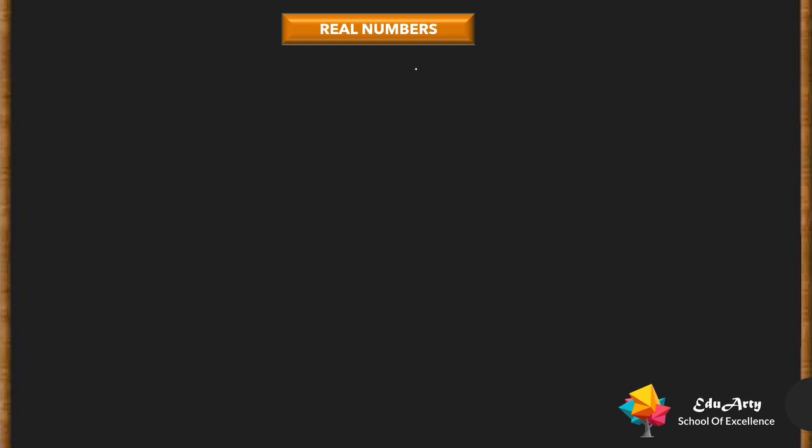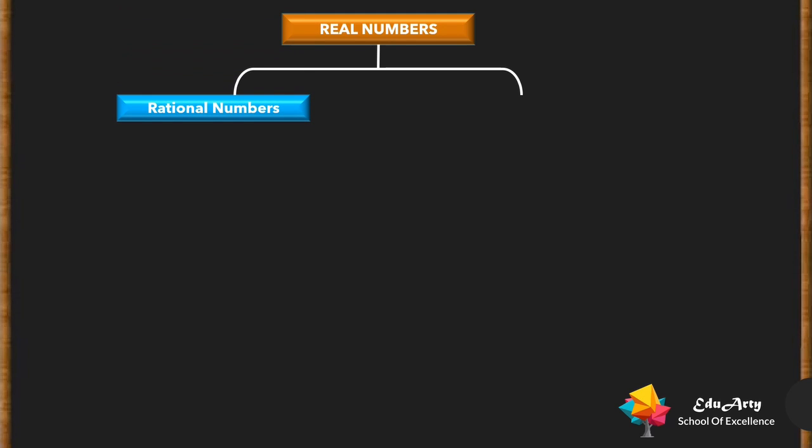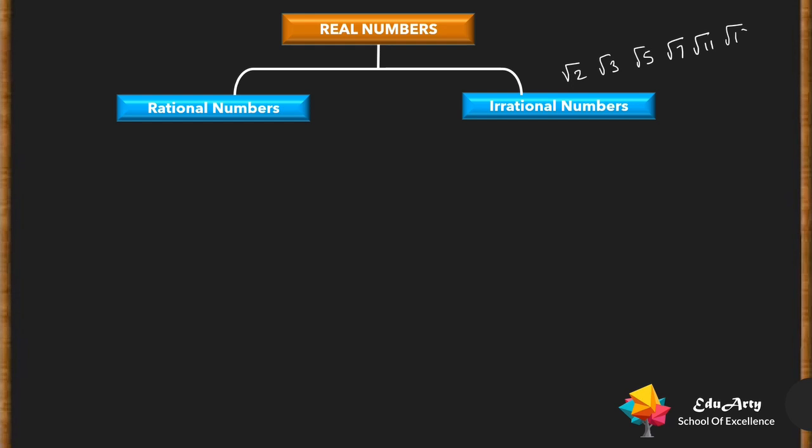All the numbers on the number line are called real numbers. These real numbers include rational numbers and irrational numbers. We all know irrational numbers like root 2, root 3, root 5, root 7, root 11, root 19, all these are irrational numbers, correct?